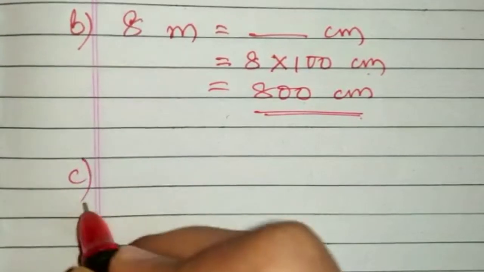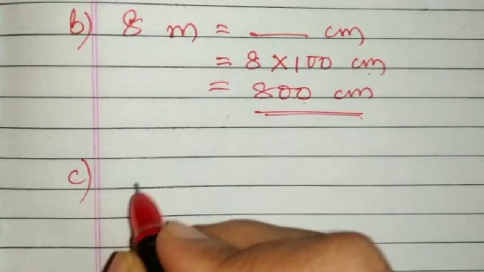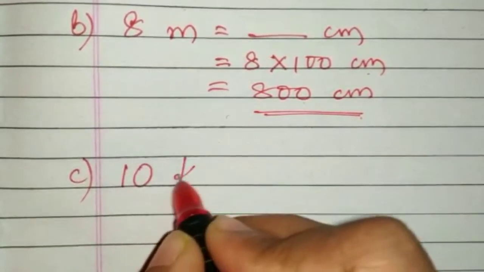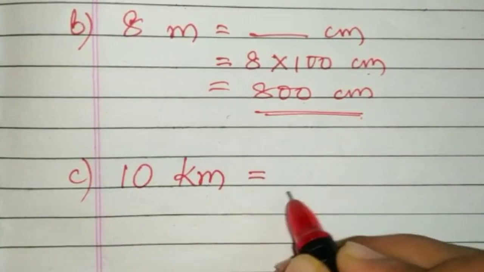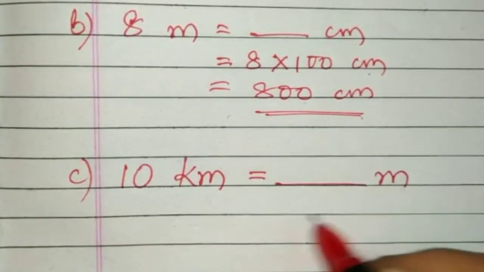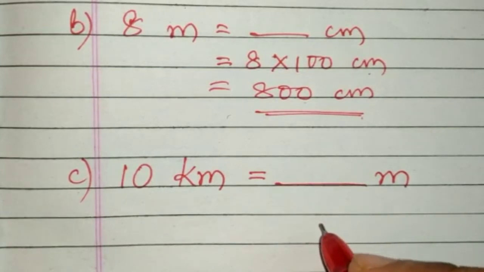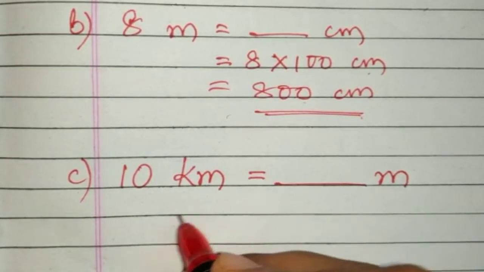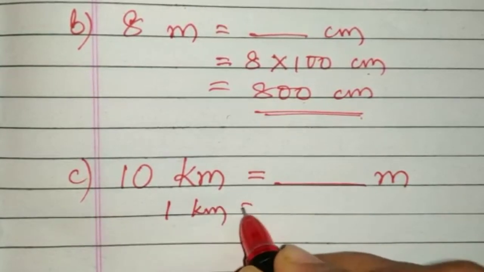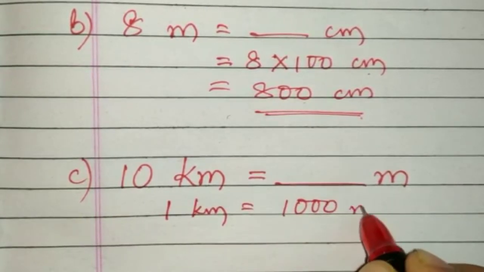Now I'll show you C. C is 10 kilometer. Now kilometer, 1 kilometer is equal to how many meters? So if you remember, 1 kilometer is equal to 1000 meter.